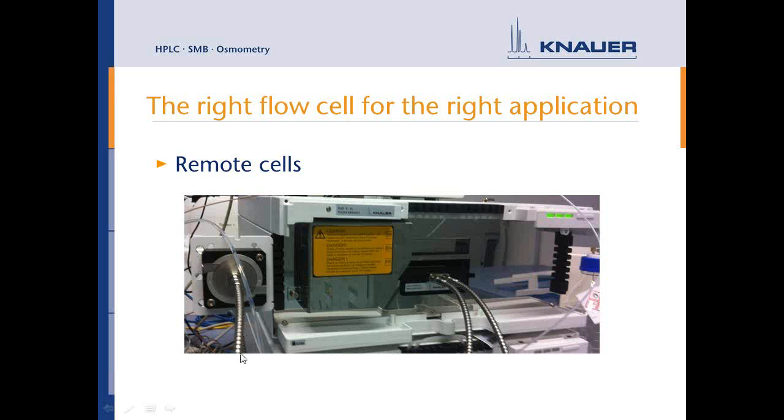Exactly. There we go. So we can use this sort of configuration. You can see that we've also got a mounting bracket on the left-hand side that is specifically designed for these flow cells. And here, as I mentioned previously, we can integrate all of our standard Knauer fiber optic flow cells.